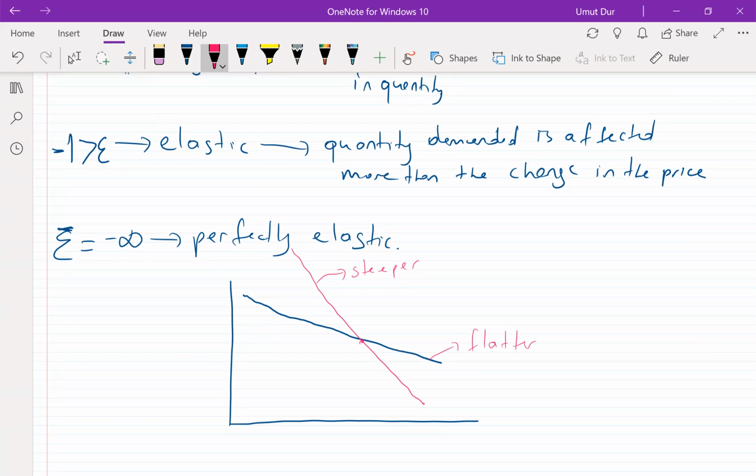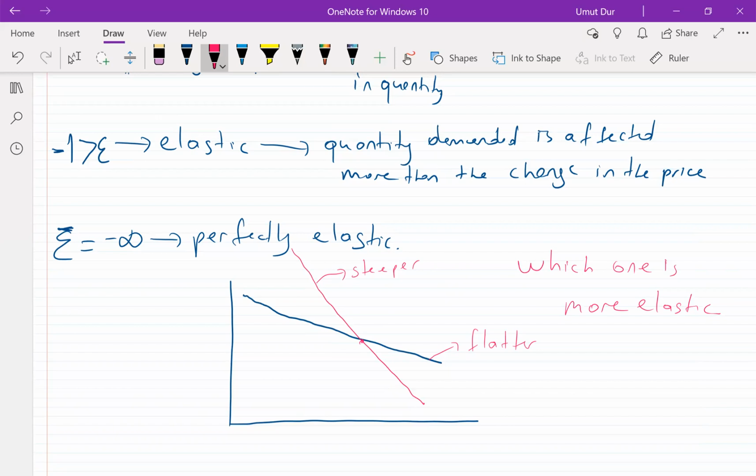Okay, so which one is more elastic? Yes. Okay. So you all are correct. Let me paraphrase the question. I'm asking you, which one is affected more with the price change?